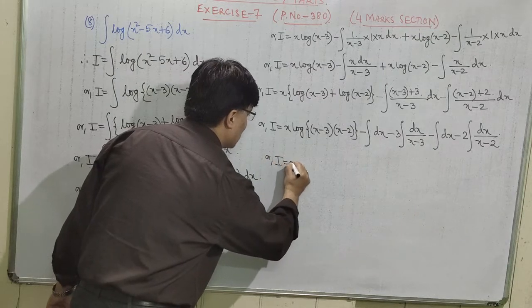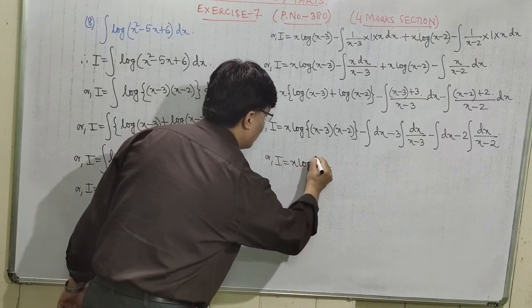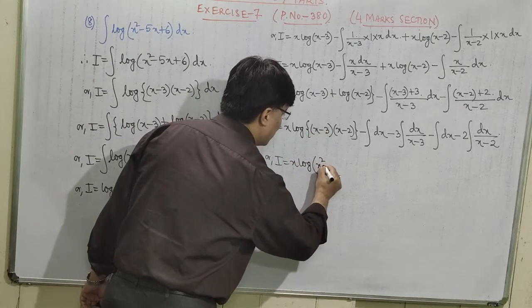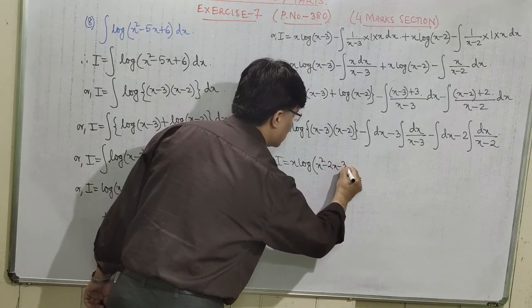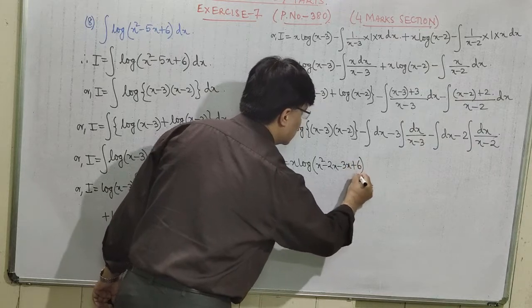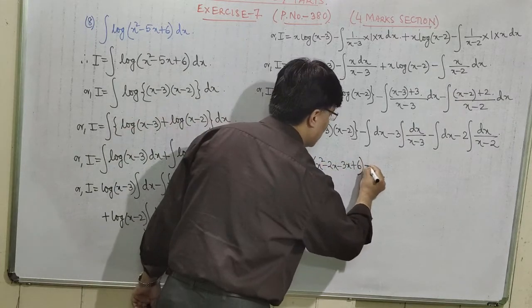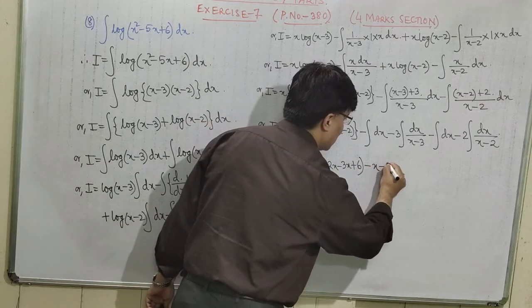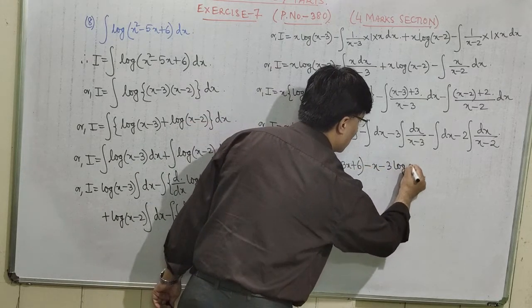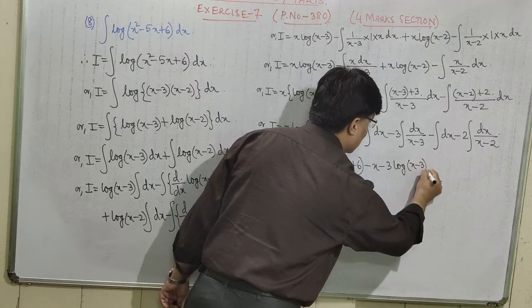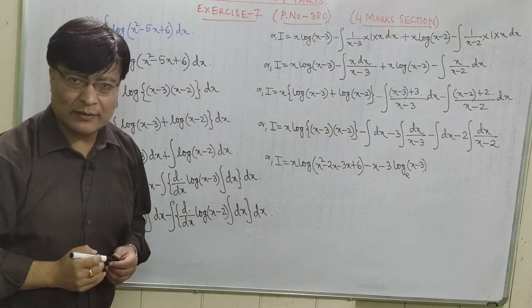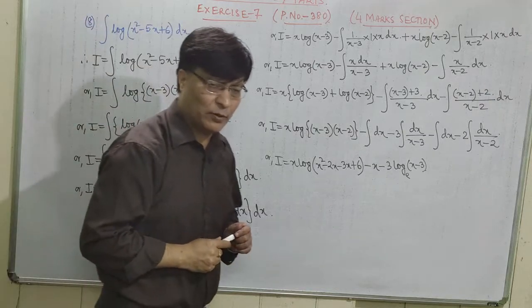So I is equal to x log of, within bracket, let us multiply them. X into x is x square minus 2x minus 3x plus 6. Next, minus, what is the integral sign dx divided by x minus 3? This is log of x minus 3. The base is e. Because here the power of x is 1, so this is not the standard form. Okay.